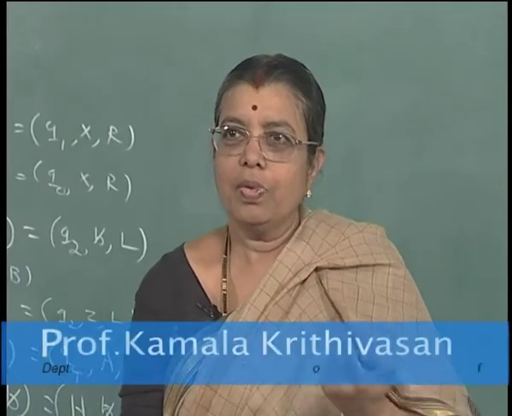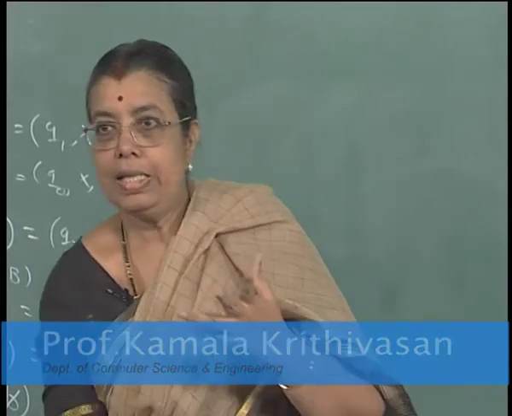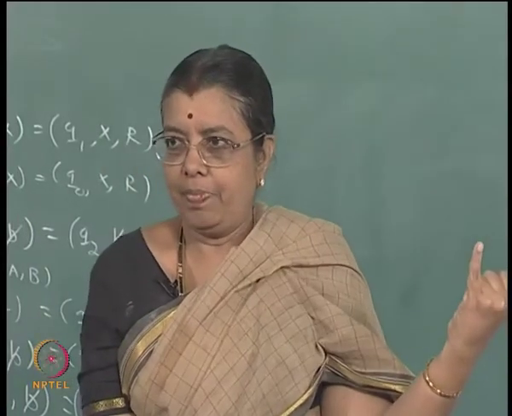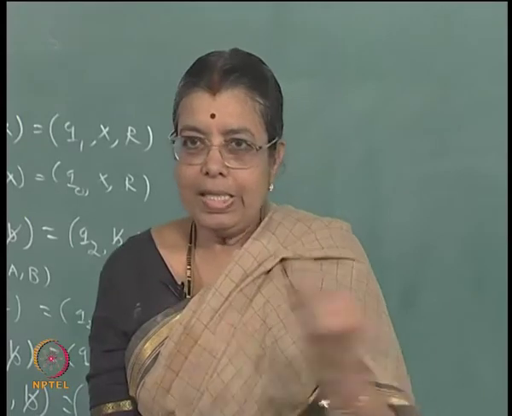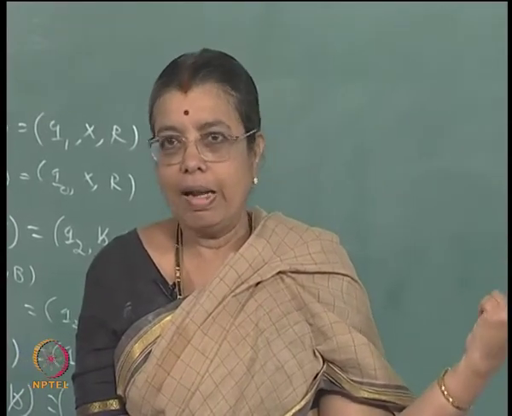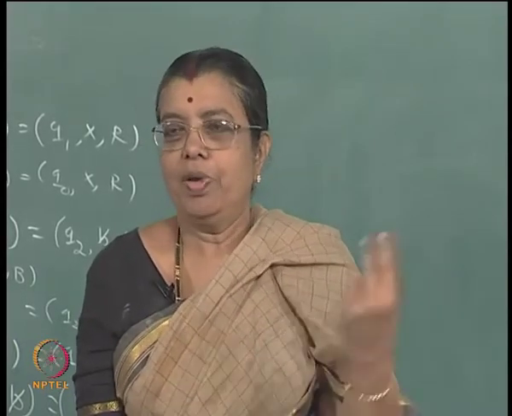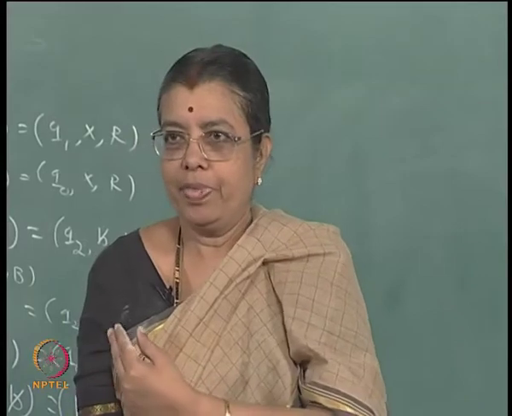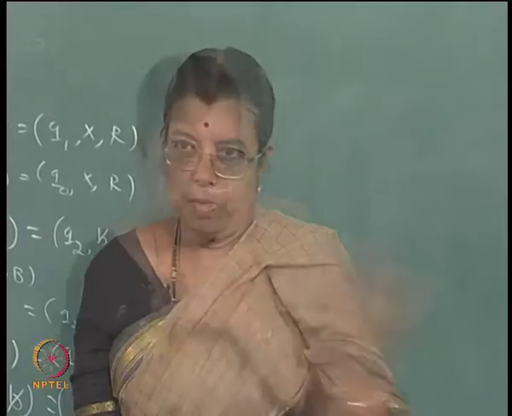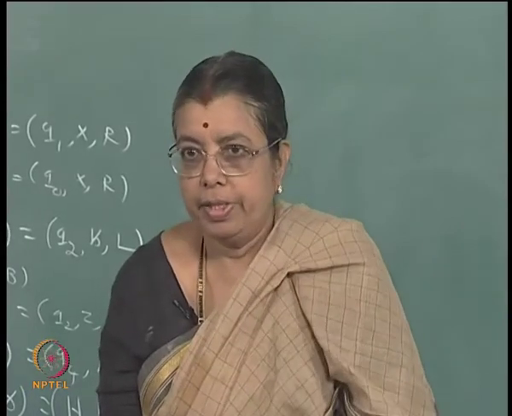Q0, Q1, Q2, Q3, Q4: 5 states I have used, and you must realize that Q0 is a right moving state, Q1 is a right moving state, Q2 and Q3 are left moving states. When you go to Q2, you move left. When you go to Q3, you start moving left. Q1 is right moving, Q4 is also right moving.